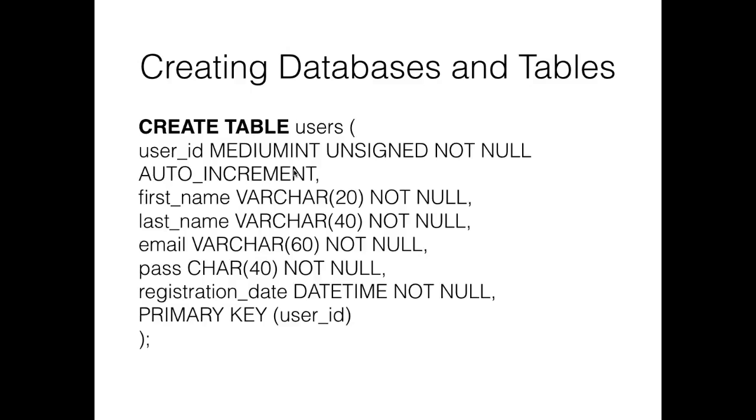And that's something the database engine does for us. It auto increments that field, that medium integer. And then we have a first name column, which has variable characters up to 20. And again, that's not allowed to be null. Last name, varchar, 40 characters, again, not null.